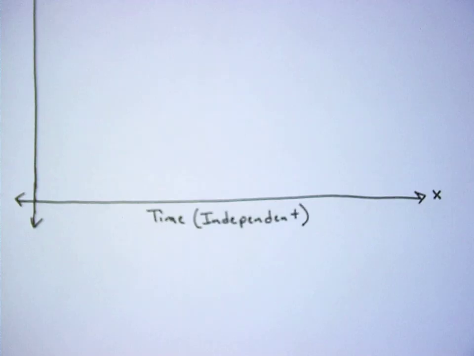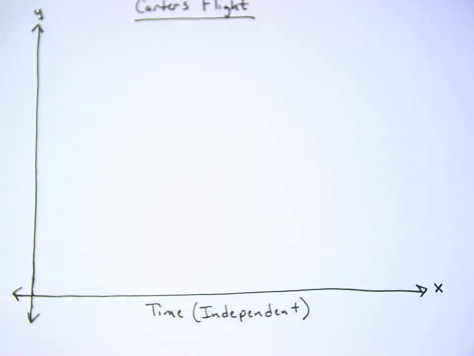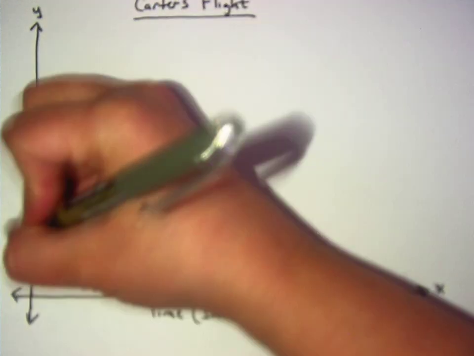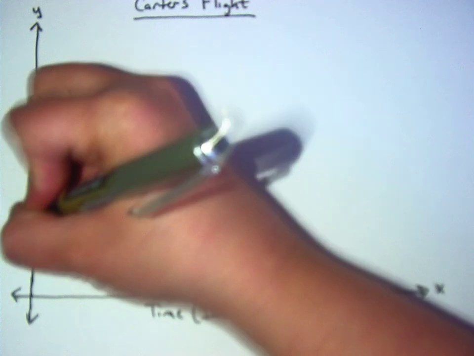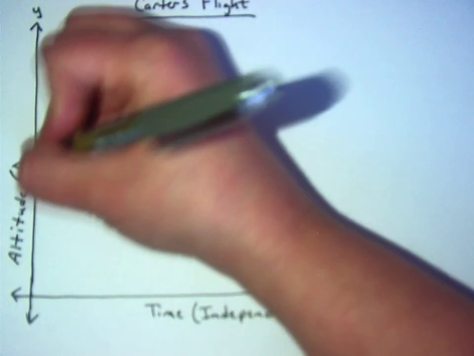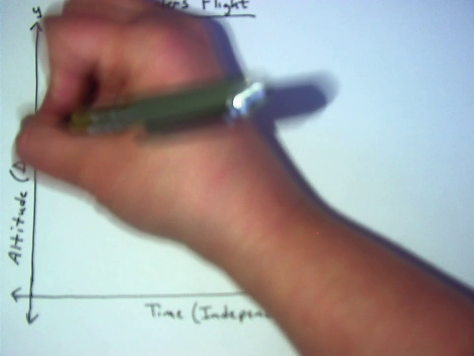And on the side, I'm going to write altitude, A-L-T-I-T-U-D-E. That is the dependent variable.